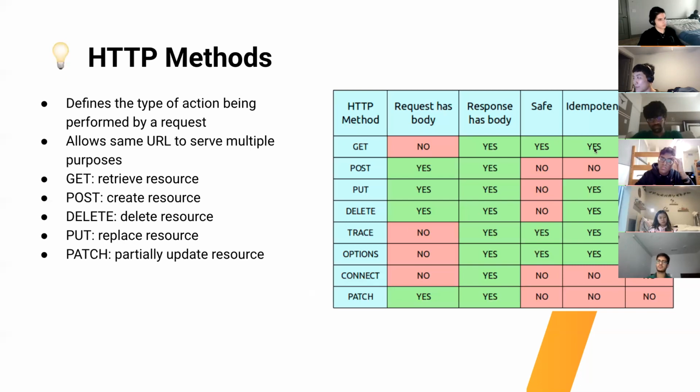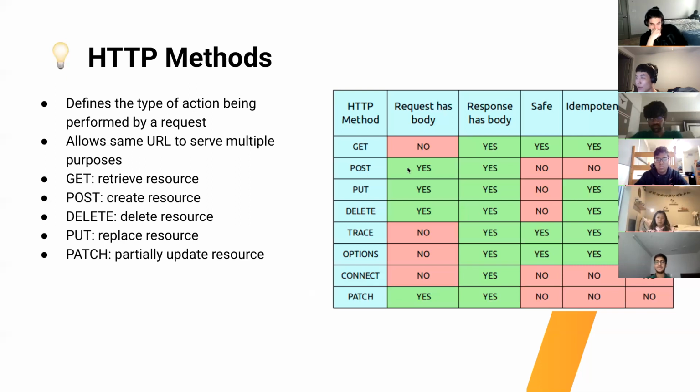And the next one is idempotent, which basically means that you can do the request twice with the same effect as doing it once. For example, if you GET twice, you're just going to get the resource twice, and nothing's going to happen after that.